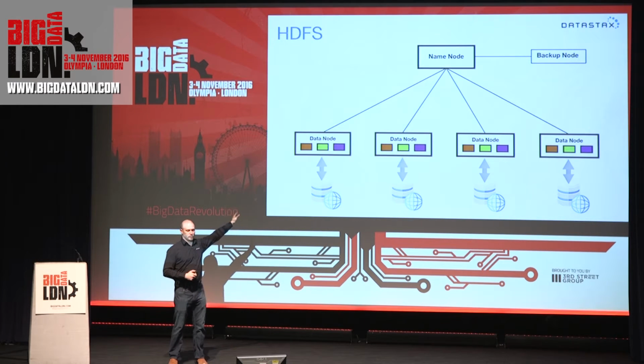And then you have each of those data nodes that replicates the files. The problem is that HDFS thinks in terms of 64 megabyte chunks of data. And if you're using Cloudera's distribution, I believe they use 128 megabyte chunks.